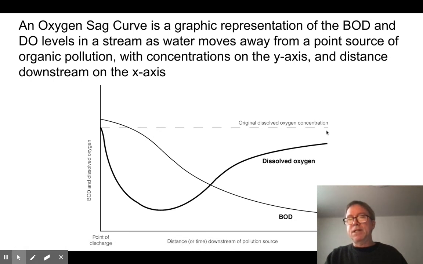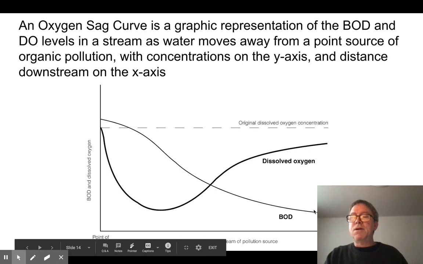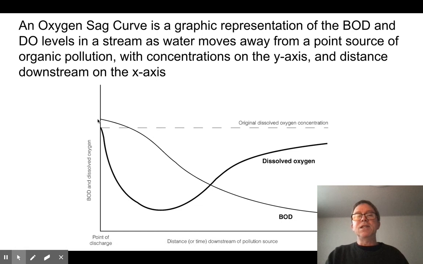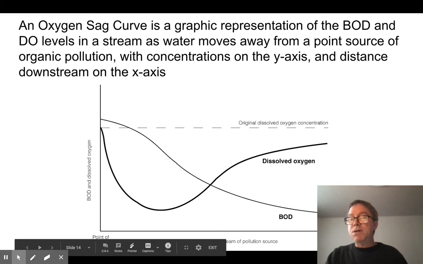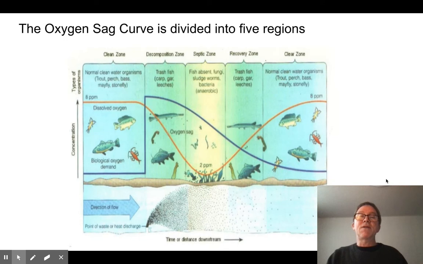Okay, so it doesn't get all the way back up to the top here because we still have some organisms that are demanding that oxygen in the water. So basically, as we move away from the point source, dilution tends to reduce the BOD, and what happens is we have that initial sag in the oxygen, which then comes back up as the biologic oxygen demand goes down through dilution. So this graphic here I really like a lot.